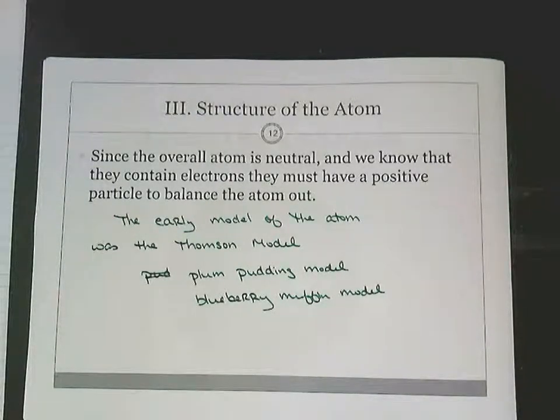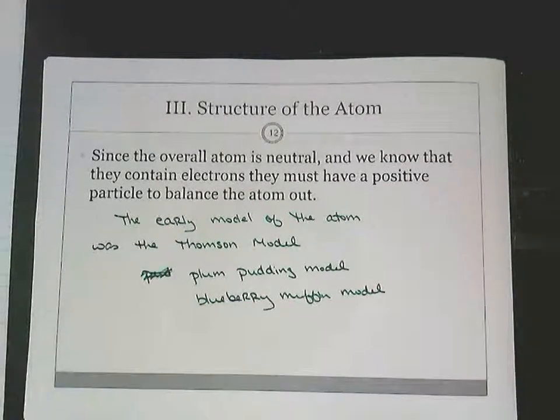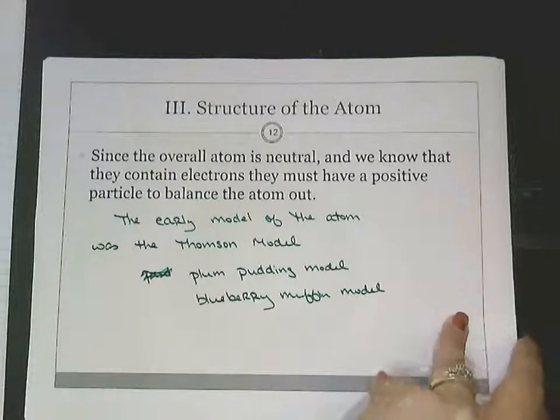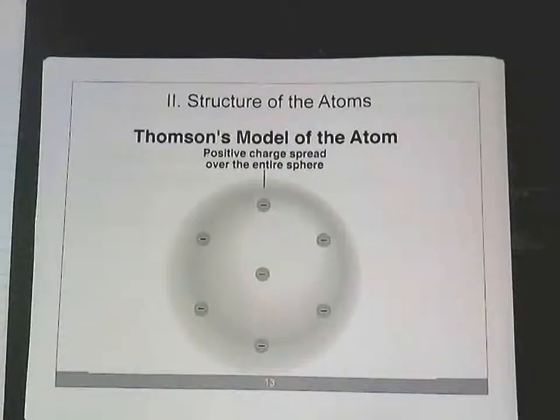Same idea, that the atom has a shape, and the electrons are just in there willy-nilly, and the positive parts are in there, and so it would look like a blueberry muffin. Doesn't that look like a blueberry muffin?